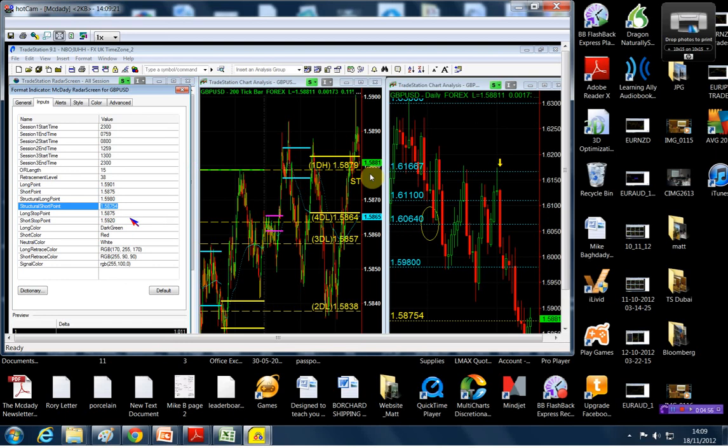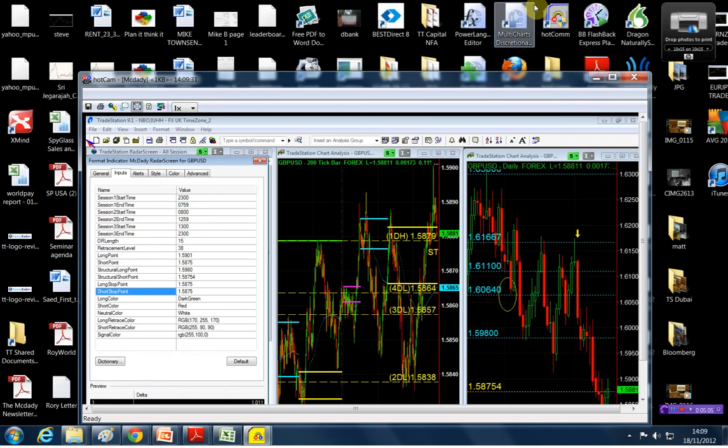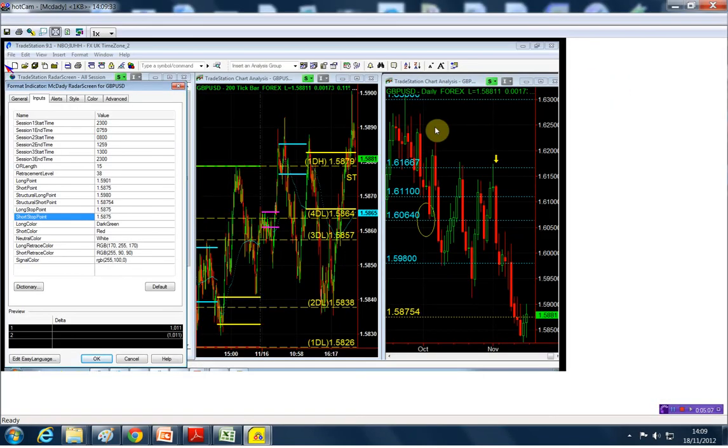It is going to be our stop. So for the pound dollar, we are going to buy above 159.01, and if we do, we have a structural point at 159.80, so at least you can have a potential of an 80 pip move to the upside, and your stop is going to be the 158.75.